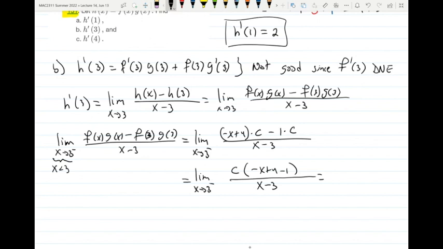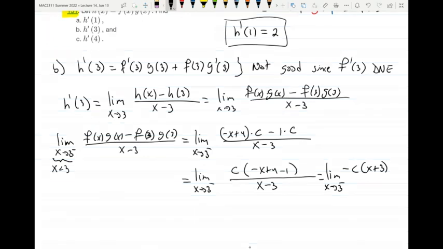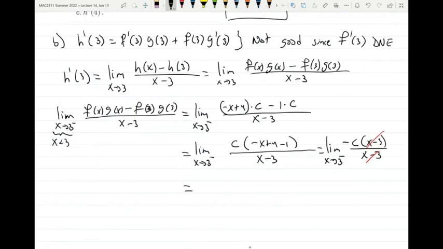Then I take out the negative, so it's the limit as x approaches 3 from the left of negative c times x minus 3, over x minus 3. The x minus 3 cancels nicely. This was easier than what I was expecting. So we get the limit as x approaches 3 from the left of negative c.